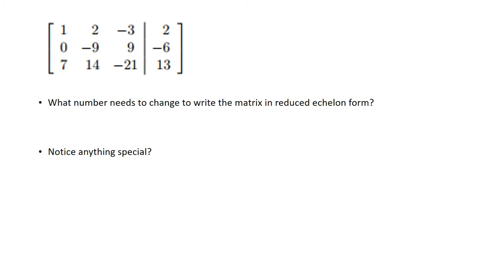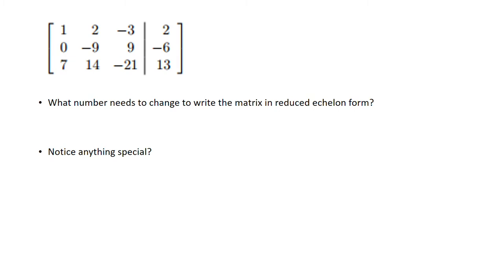All right, we have another matrix. Write this down. 1, 2, -3, 2, 0, -9, 9, -6, 7, 14, -21, 13. Alright, this time I gave you a little bit more things to look for.